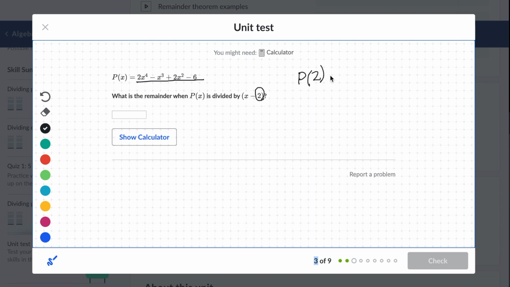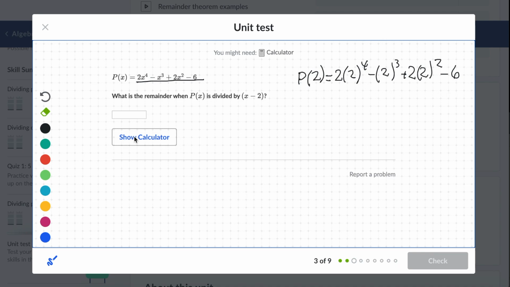So technically you're trying to find p of 2. Just to note, if they wanted you to divide by x plus 2, you would plug in -2 for all of these numbers. But since this question is asking for x minus 2, this is what you would plug in.